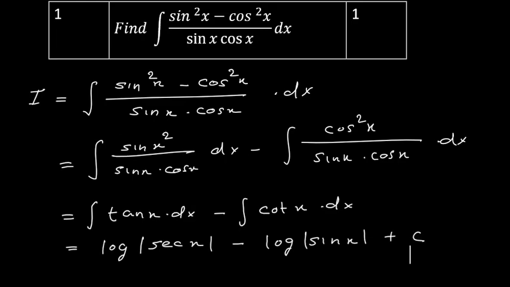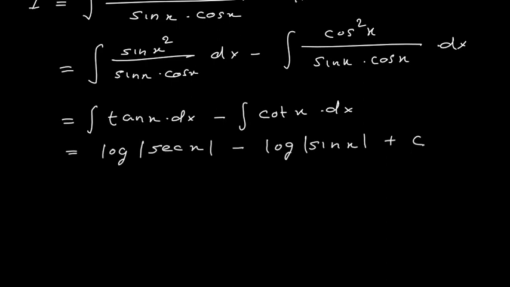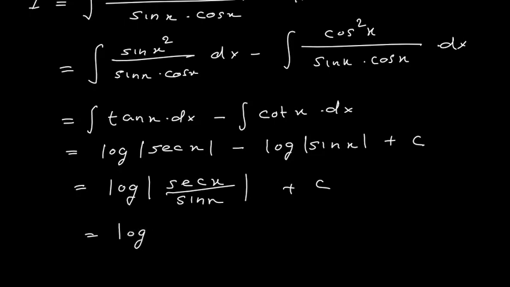If you want, you can club this log term. Log a minus log b is what? Log a upon b. So you can write this as log of sec x divided by sin x plus c. Now 1 upon sin is cosec, so you can write this as log of sec x into cosec x.